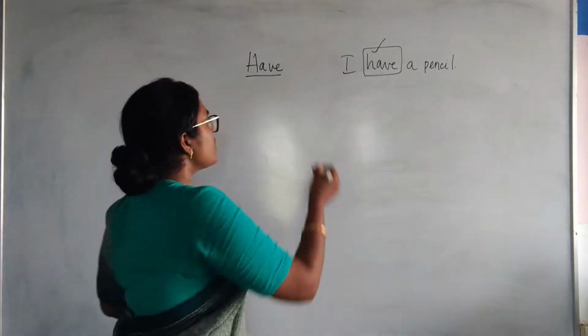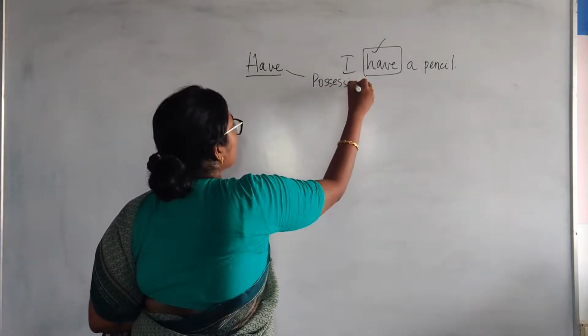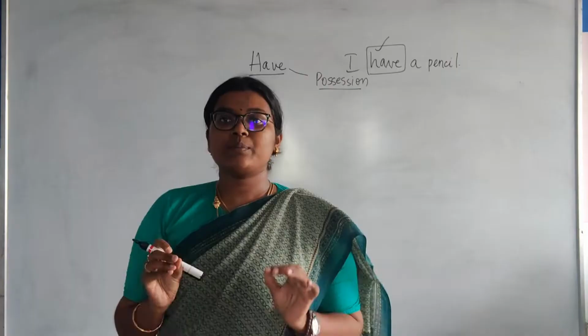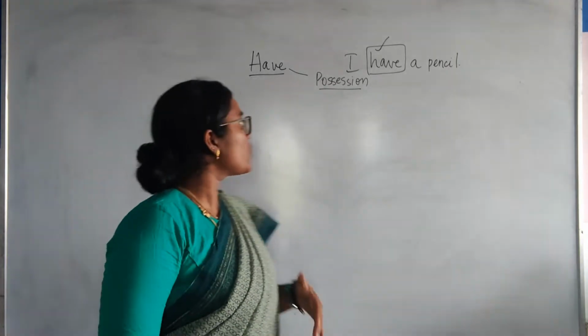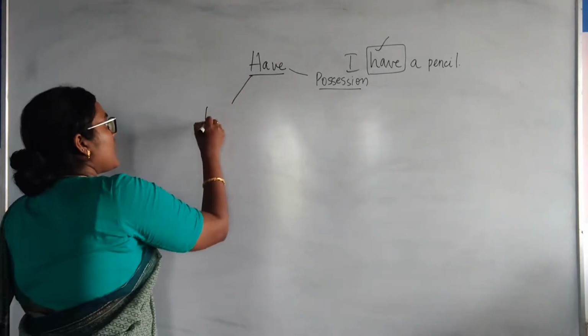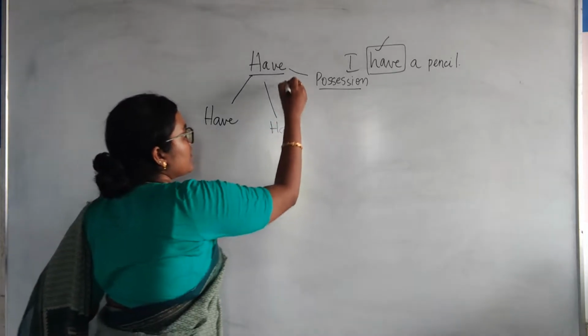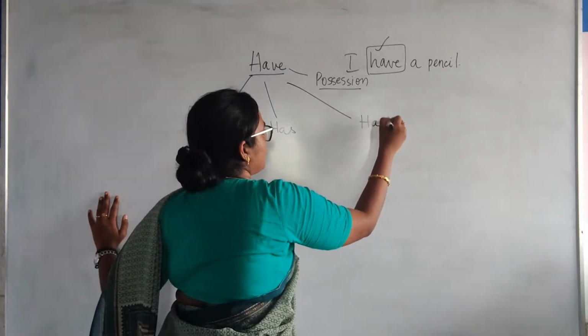So now in general, if you have to look at have verbs, all of them are used in this meaning of possessing something. And when we talk about the have form verbs, we generally have three different forms under have verbs. Have, has, and had.